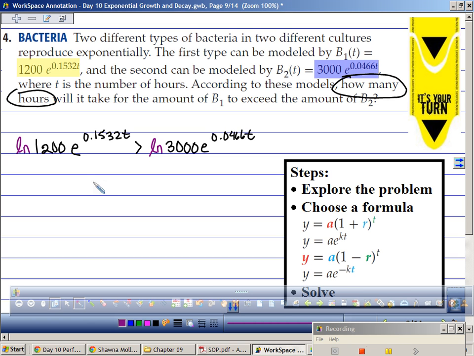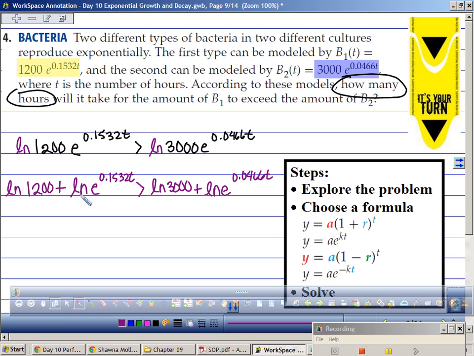What property could we use? This is how I did it. They have the same properties, right?